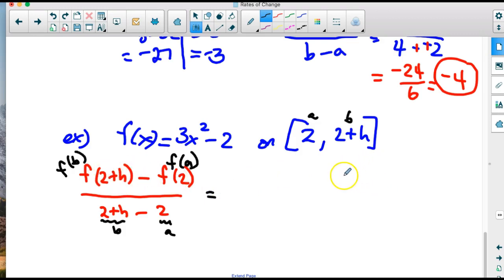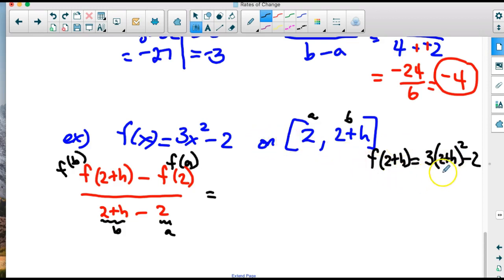So over here on the side, I have to figure out what f of 2 plus h is. So I need to plug in. It's not as easy as the one previous because it has a variable in it. It has an h in it. So I can't just plug it in and work it out with a calculator.